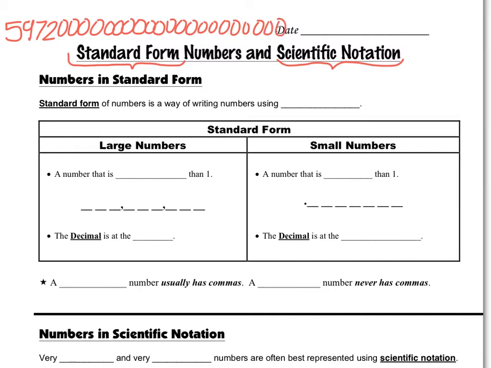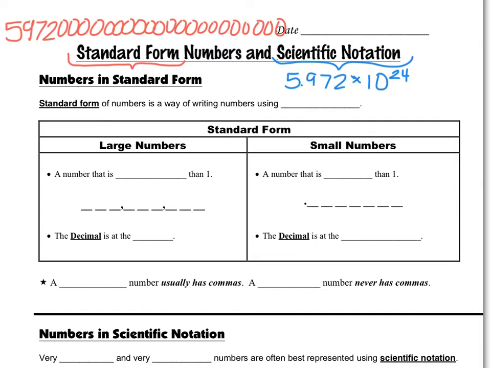So that's standard form. Scientific notation, on the other hand, is where we wrote it as 5 and 972 thousandths times 10 to the 24th power.